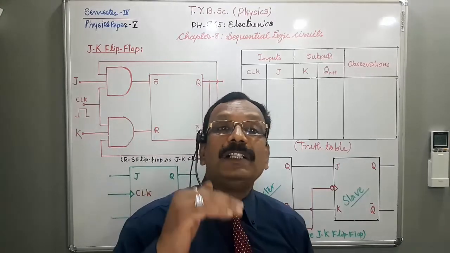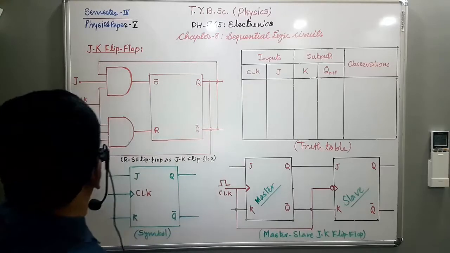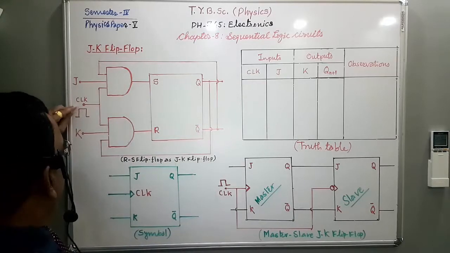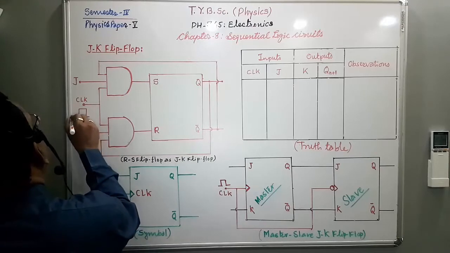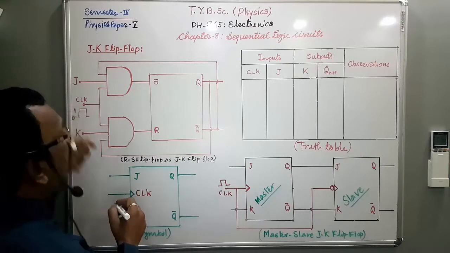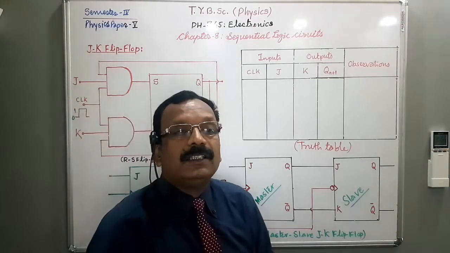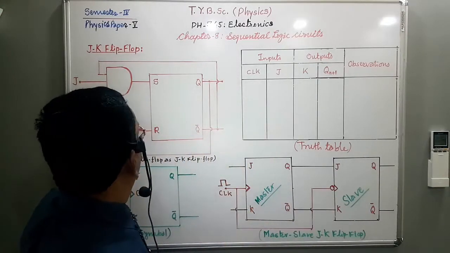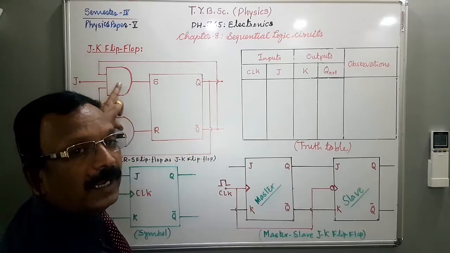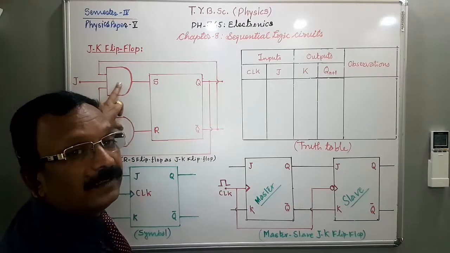Now when the clock pulse is high, that is from this point to this point, here 0 and here 1. When the clock pulse is high, that is logically 1, due to this 1, both the AND gates are enabled.